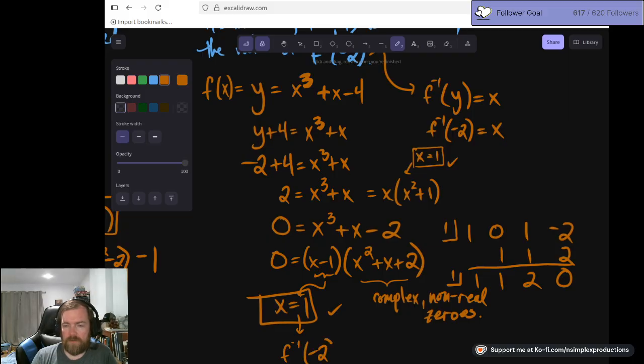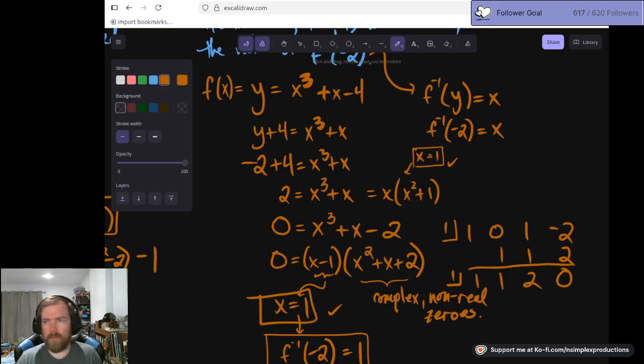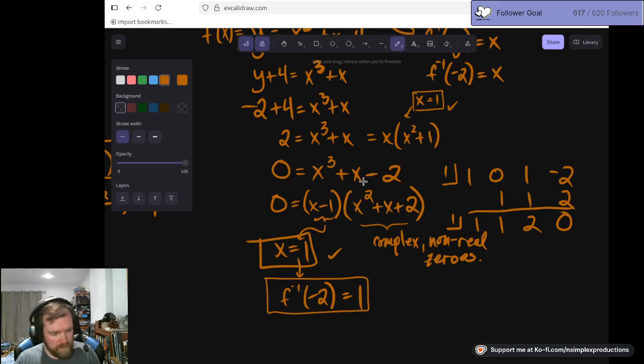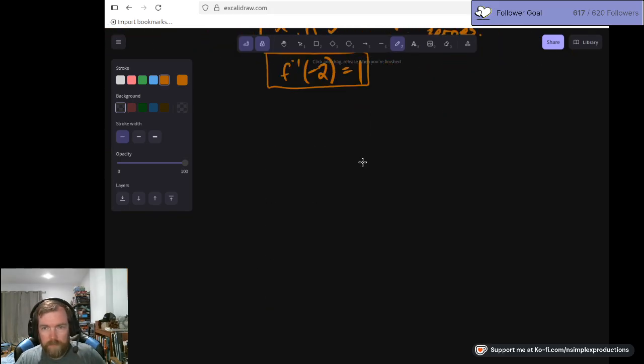F inverse of -2 is equal to 1. Okay, one more before next break pops up.